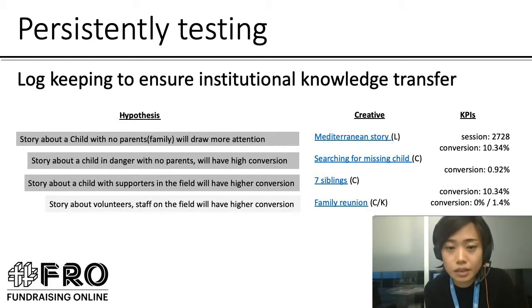So here, if you look closely at the hypothesis, they set up all different layers of hypothesis and identify which elements can be tested on that organic content. They also set records of each relevant creative that was created to test the hypothesis, and also not to forget about the KPIs.